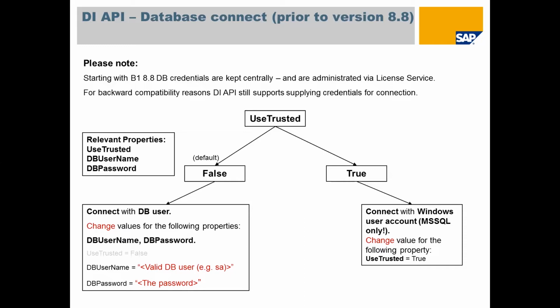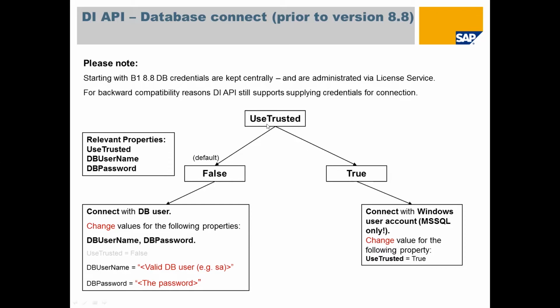Here, we will discuss UseTrusted. UseTrusted means that if you deploy your application on the server side, you can use UseTrusted true, so it will use the Windows user account.